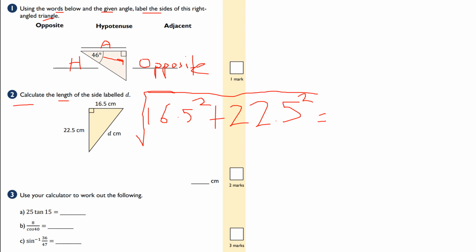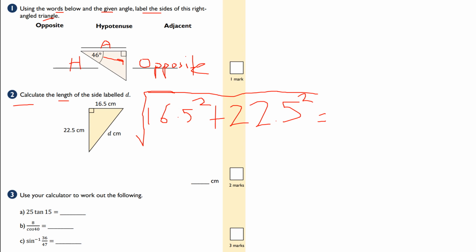Sorry guys, just give me 1 second because I haven't got my actual calculator on me. So 16.5 squared plus 22.5 squared. We press equals so we get the square root of 778.5.